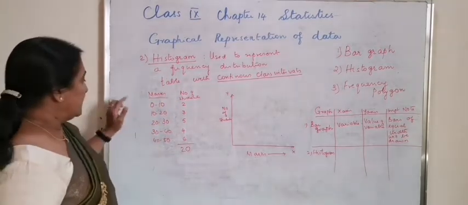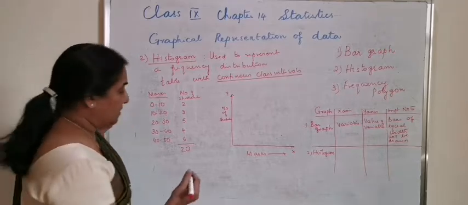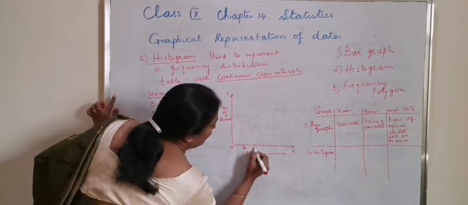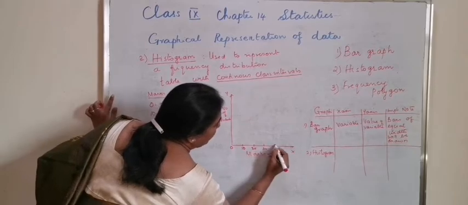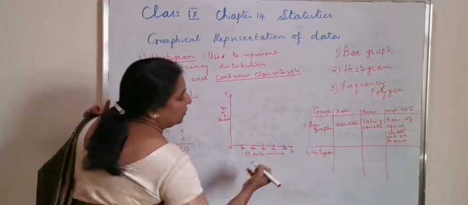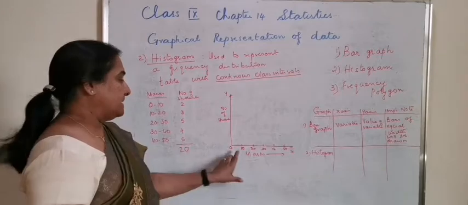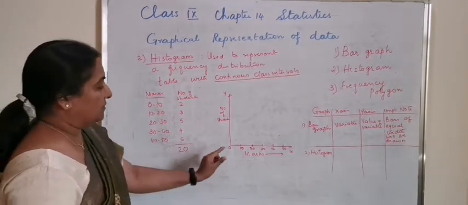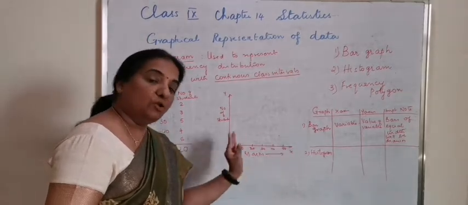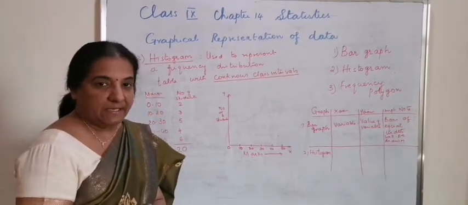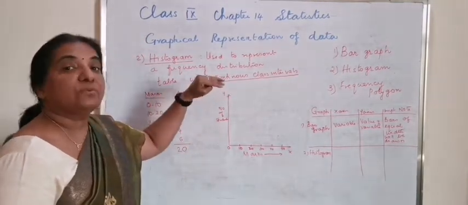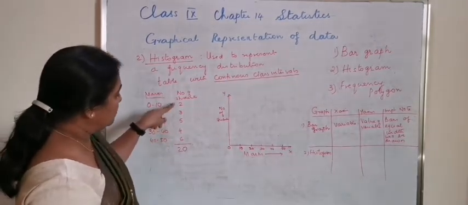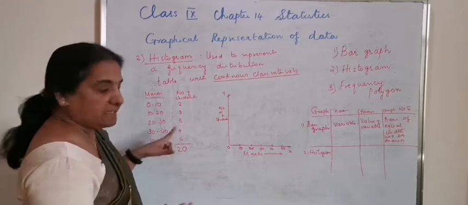And the class interval starts from 0, so the origin is 0. You will mark with equal units the upper limits and lower limits, that is 0, 10, 20, 30, 40 and 50. It includes all the lower limits as well as the upper limits. On the y-axis with a particular scale, the minimum is 2 and the maximum is 6.